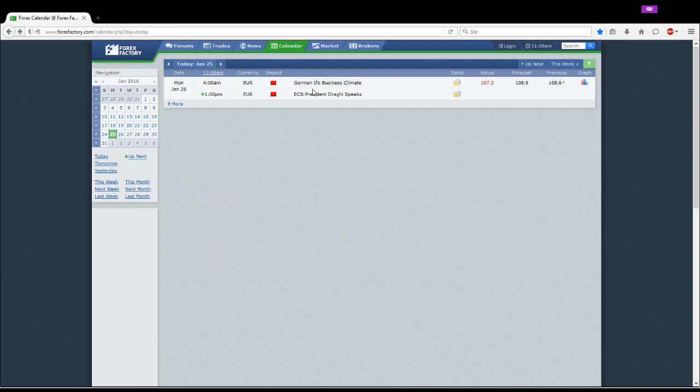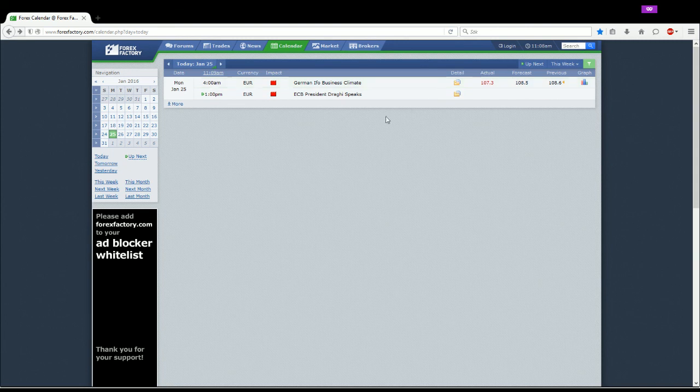As you can see today, there was some news earlier, and there is another news coming in about a couple hours from now. That's what you want to look at. If you hover your mouse above the impact, you will see it says high impact. The high impact are the orange ones.